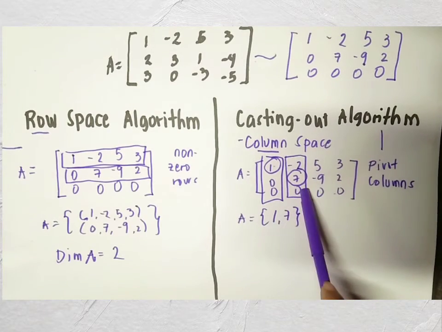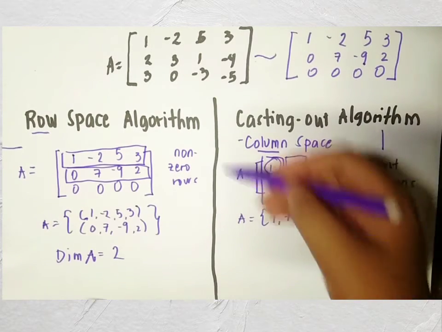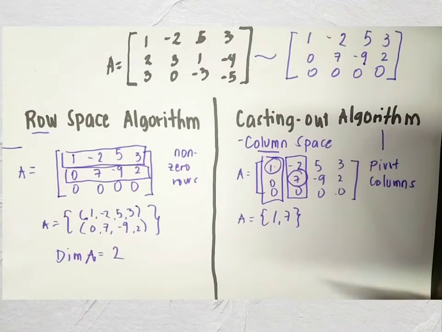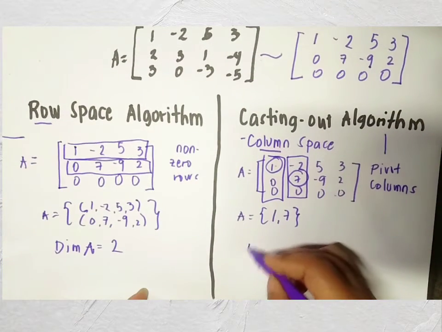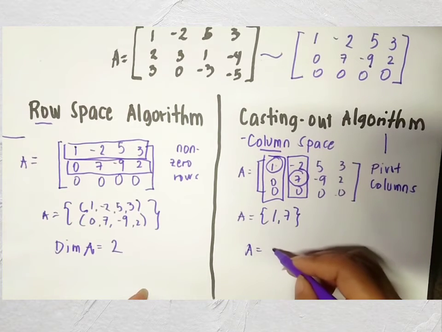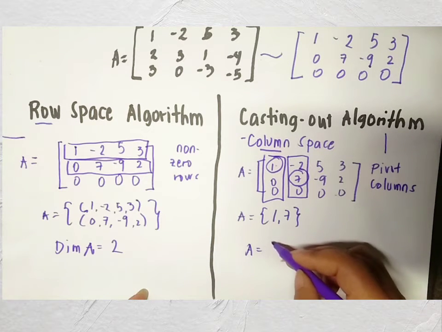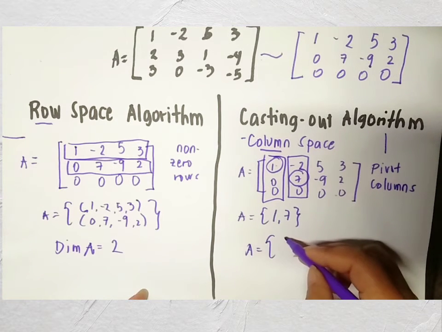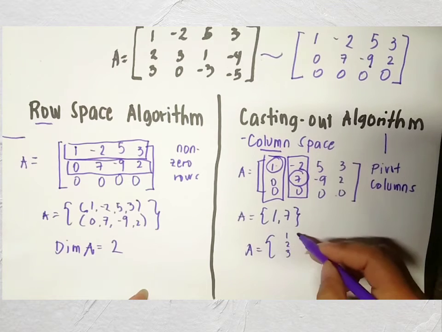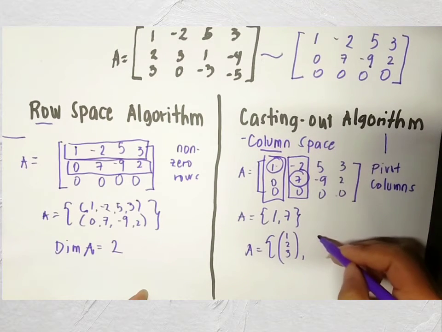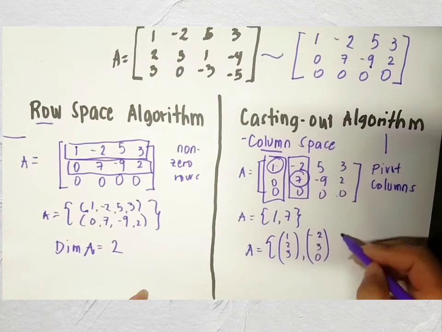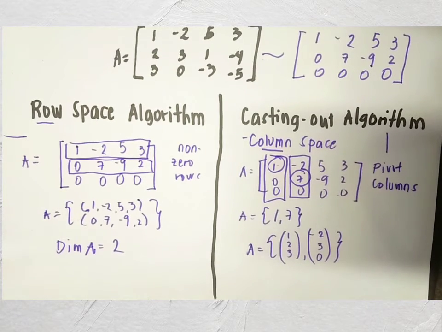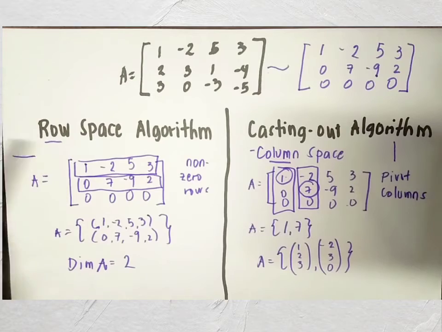Now, to know the basis of the column space or casting out algorithm, we go back to the original given, where we came up with these answers. So, our basis of casting out is 1, 2, 3, and negative 2, 3, 0. So that is our basis for the casting out algorithm. And this is the difference of these two algorithms.